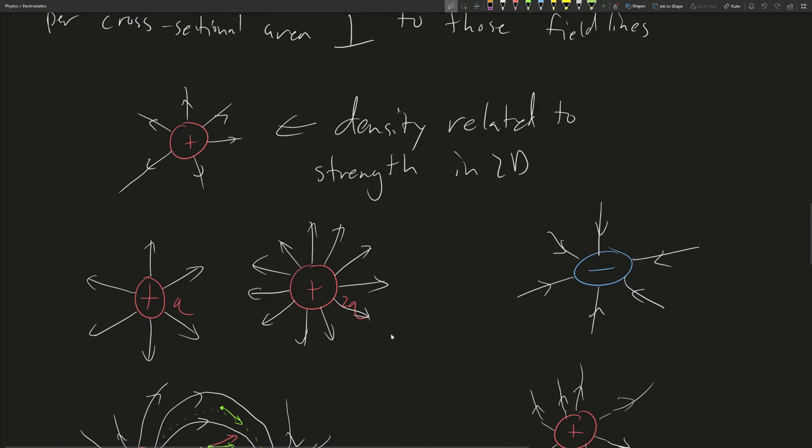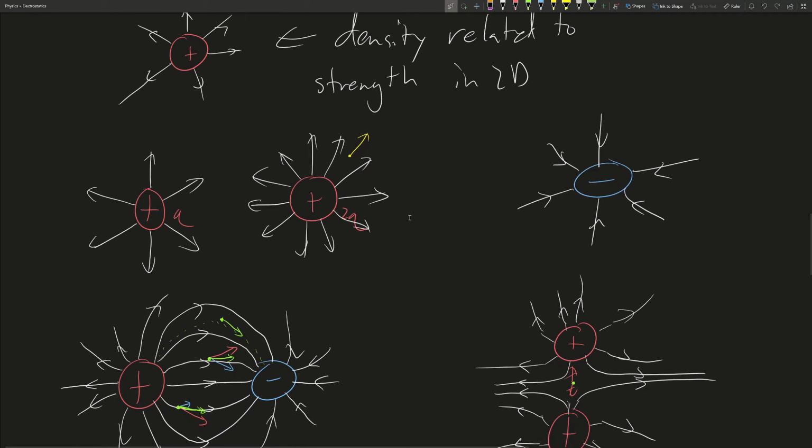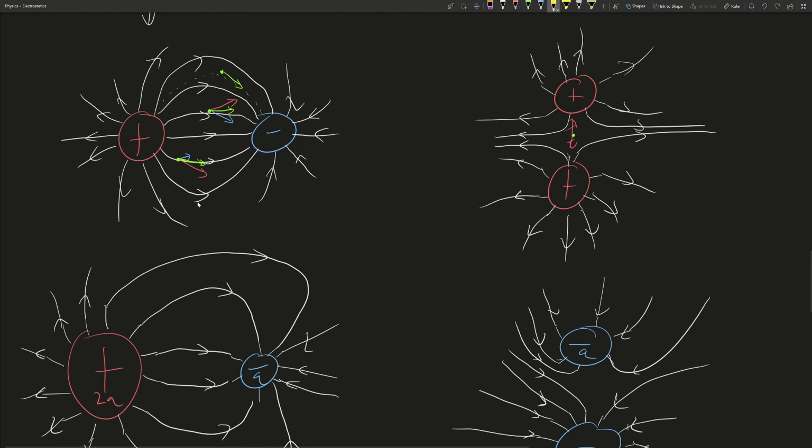So if you have an object starting right here, the field lines are all straight, so it will just move straight outwards. But if you have an object starting right here, it'll accelerate in this direction, but then it doesn't immediately curve to follow this field line, because while it accelerates in this direction, at this location the force on it is going to be in this direction, not directly downwards, which would be needed for it to curve.